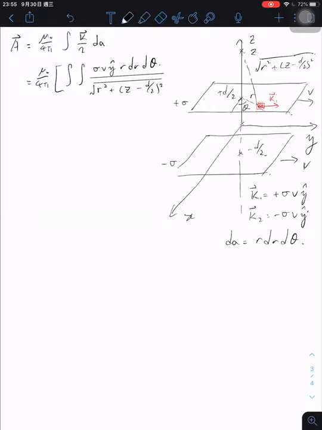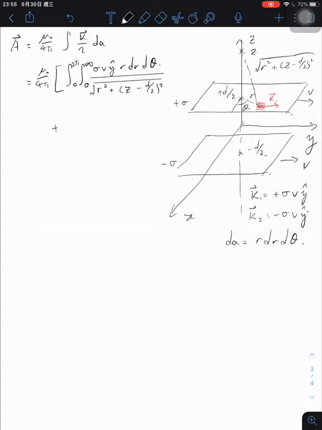For the boundaries of this integral, since this is an infinitely large plane, R goes from 0 to infinity, and theta goes from 0 to 2 pi.